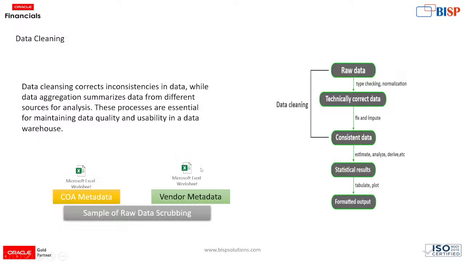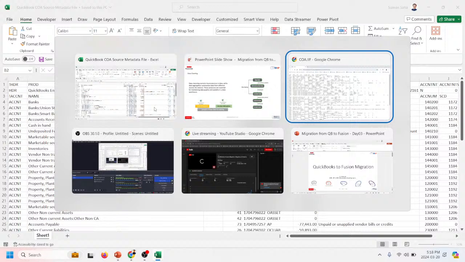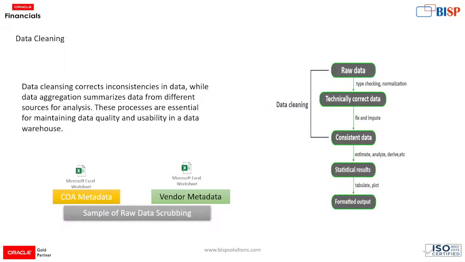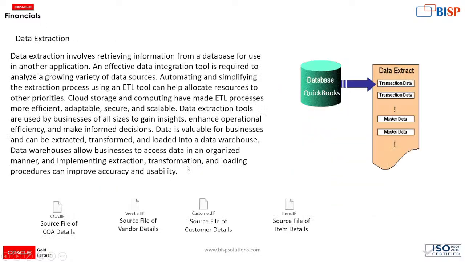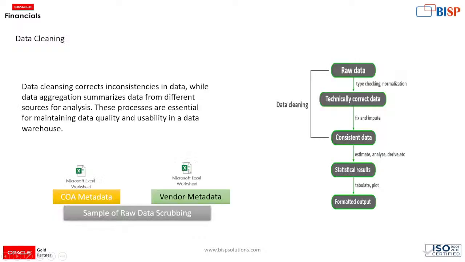Let's take another look at the vendor metadata. There is one more sample, where we have converted the vendor metadata. Let me open this particular vendor metadata. Just a minute.